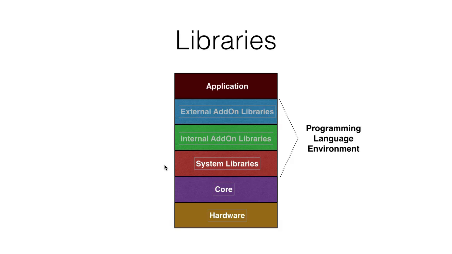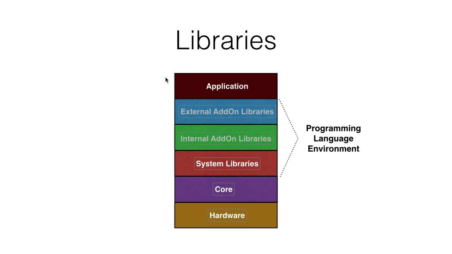System libraries are always present, and the application can rely on their presence. Then there are add-on libraries that can be imported. Internal add-on libraries are usually present on the computer and can be immediately imported and used. On the other hand, external add-on libraries must be downloaded from the internet or written by the user himself. Then they must be installed and imported so that they can be used by the application.